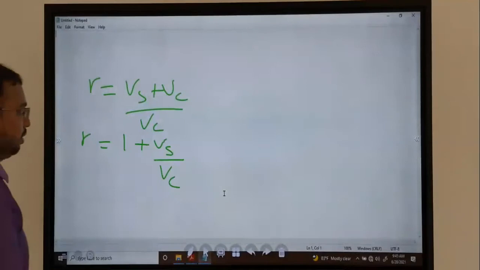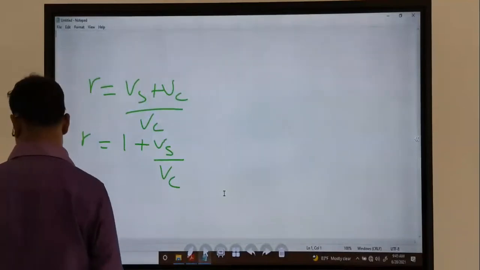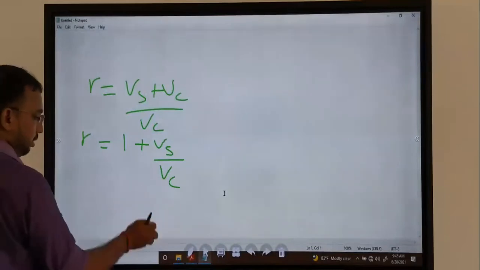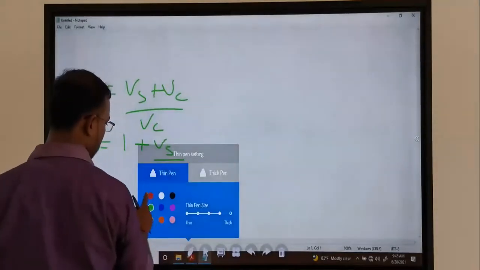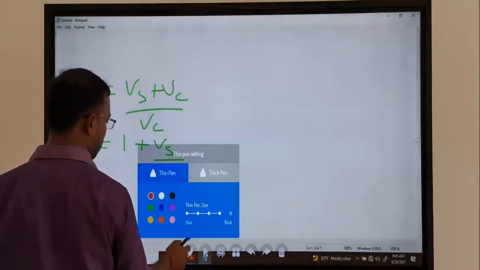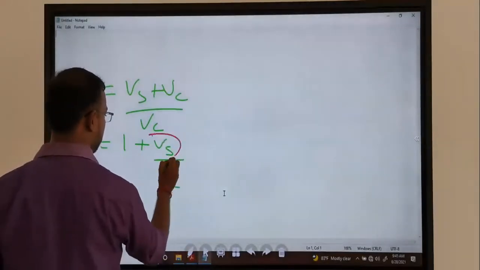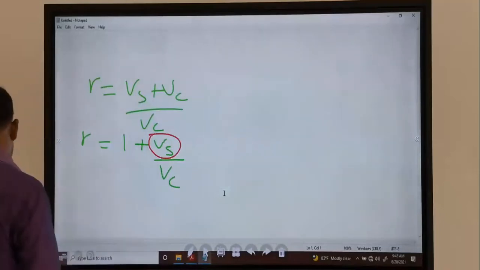This is the equation. So the VS, first we have to find the VS.